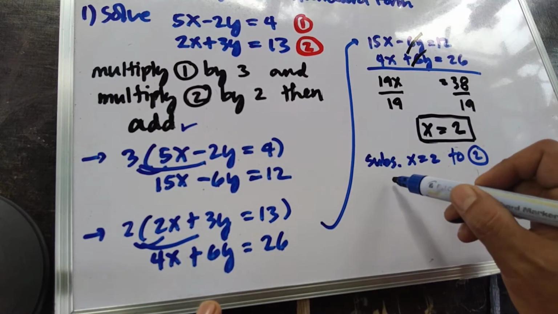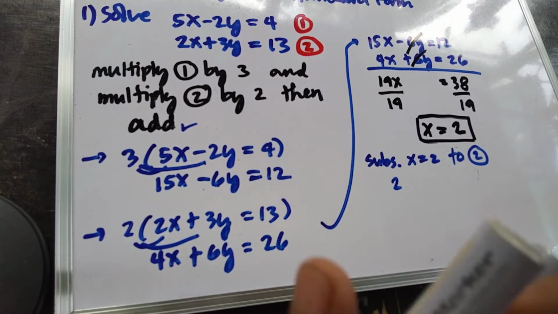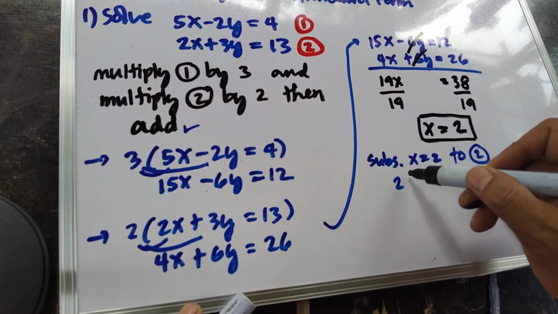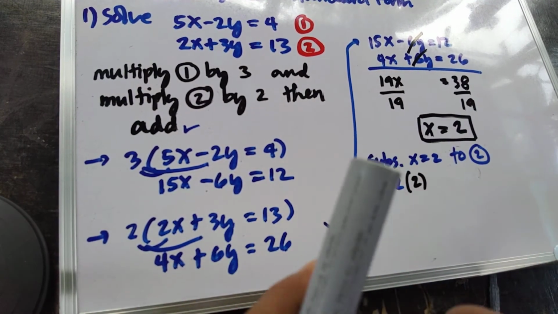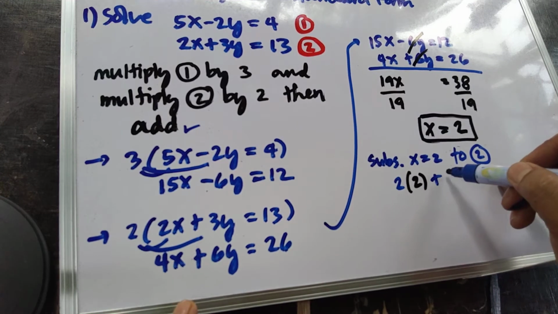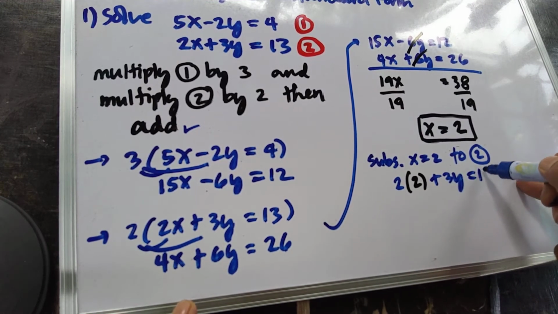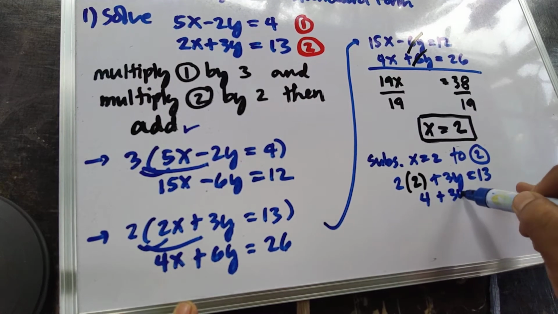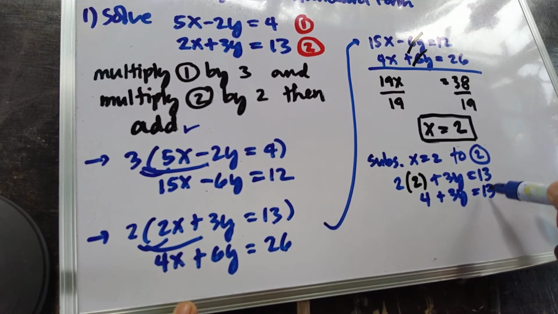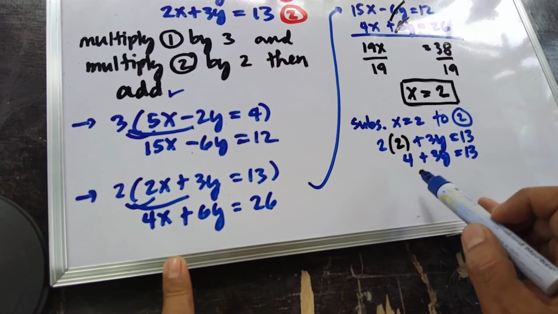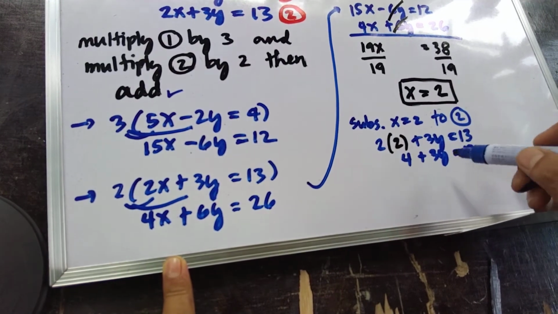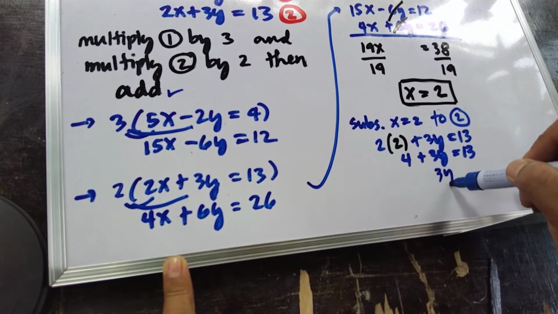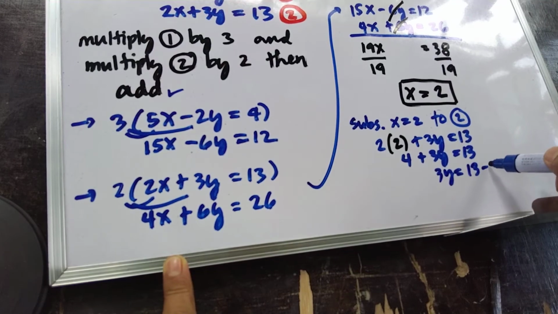You have 2 times 2 plus 3y is equal to 13. 2 times 2 is 4, plus 3y is equal to 13. So we transpose 4 to the right side of the equation. This is 3y is equal to 13 minus 4.